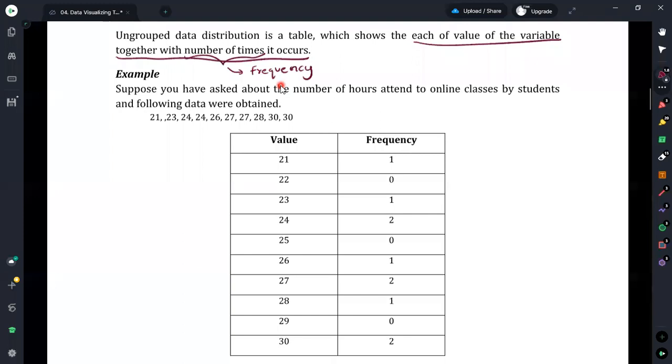Now we can show this data using the ungrouped data distribution. Ungrouped data distribution means we are not having an interval, or we are not grouping these values. We are considering the single value, and thereafter we will obtain their associated frequencies.